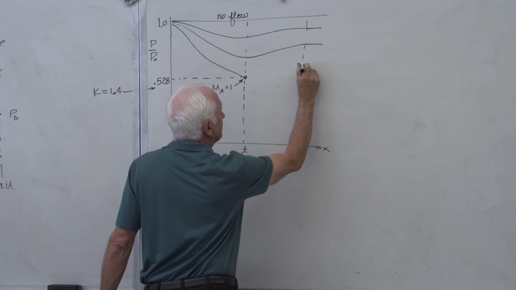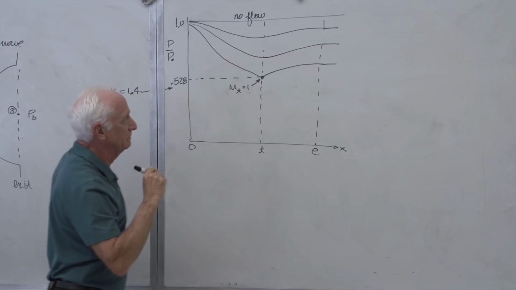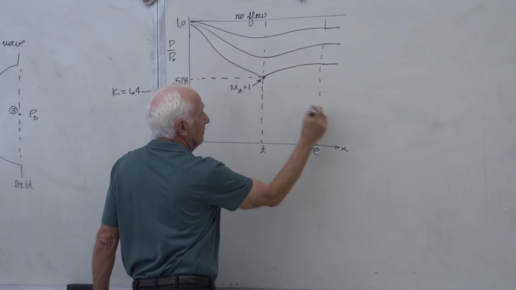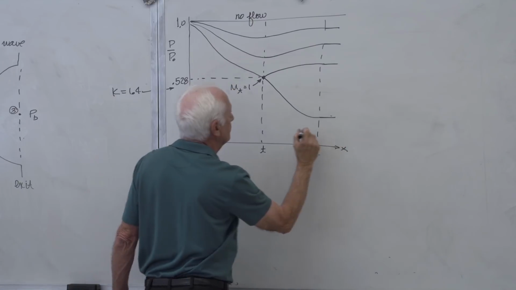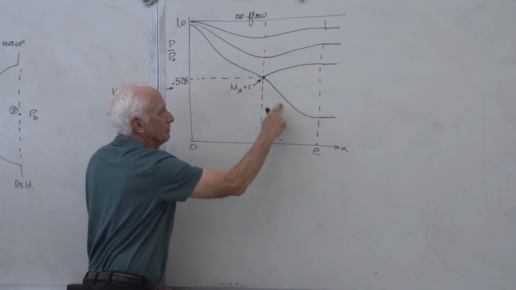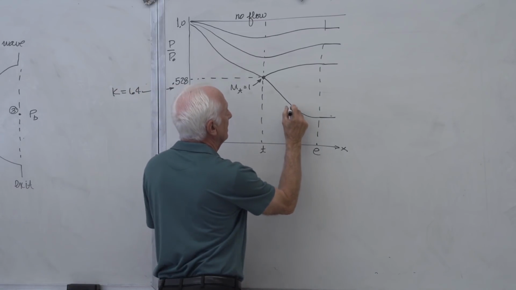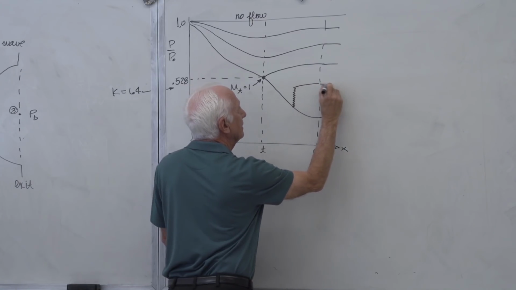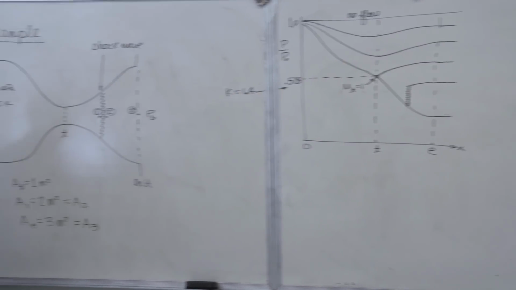If the back pressure is still up here somewhere, it kicks back and goes back to subsonic. Or if the back pressure is way down here, it can go on down here where it's supersonic. Subsonic here, supersonic here. Now, if there's a shock wave somewhere, then it looks like this.